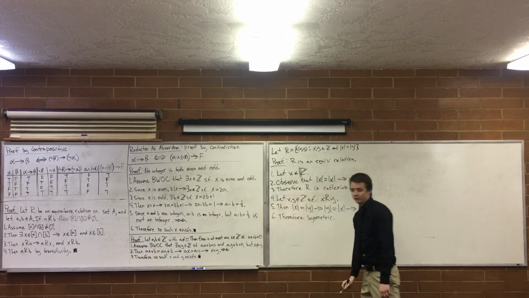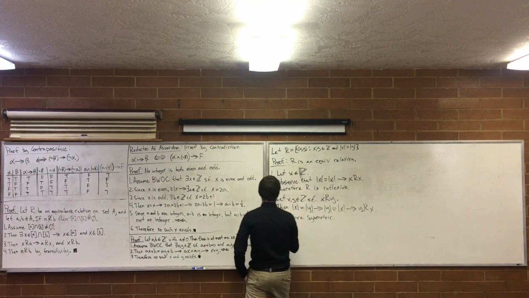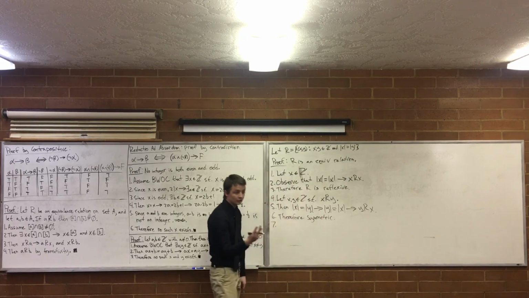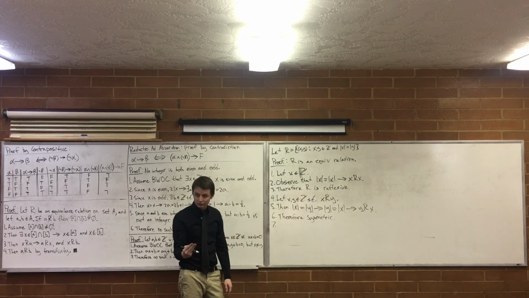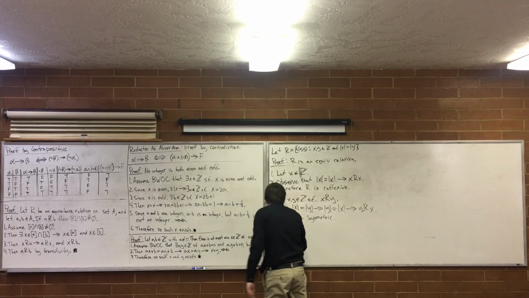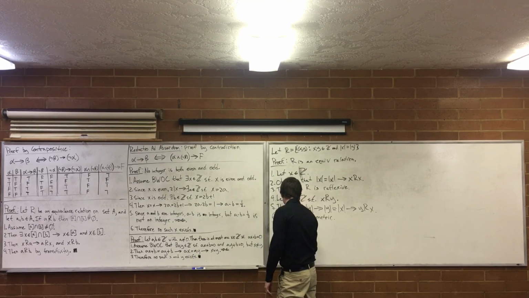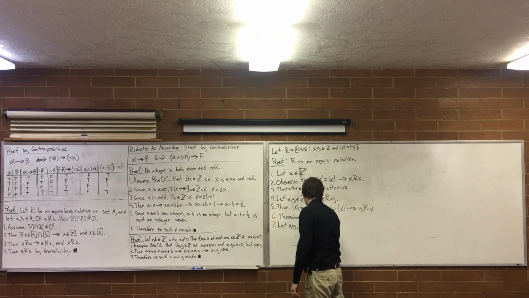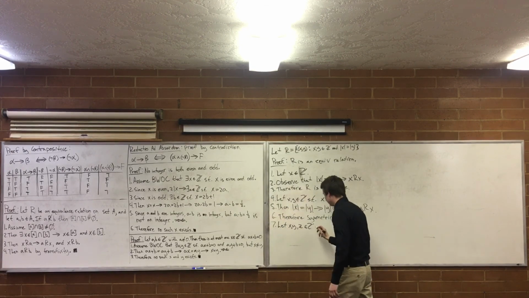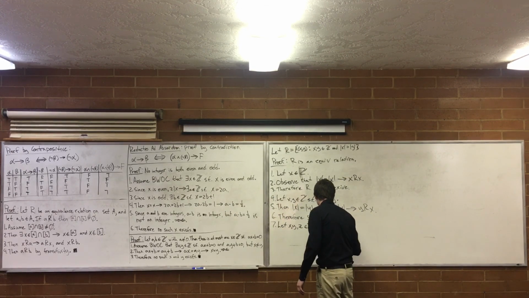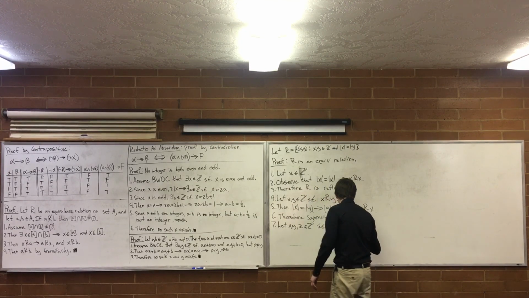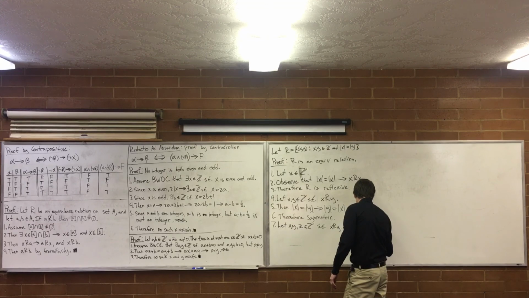And then very similar for transitive. To show transitive, we start out with three integers x, y, and z, where x is related to y and y is related to z. So, let x, y, and z be integers such that x is related to y and y is related to z.